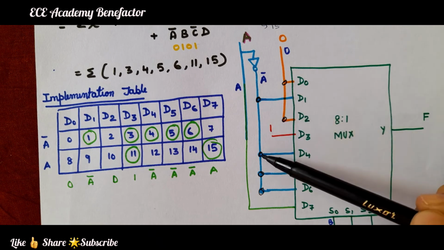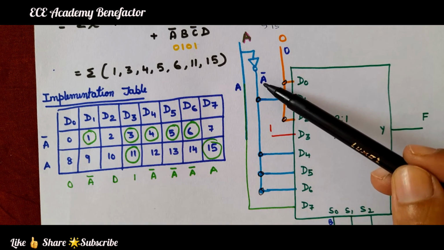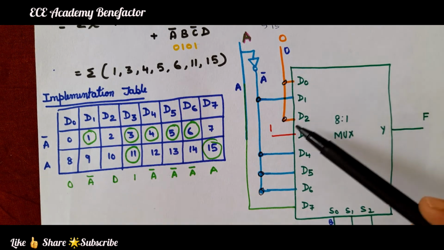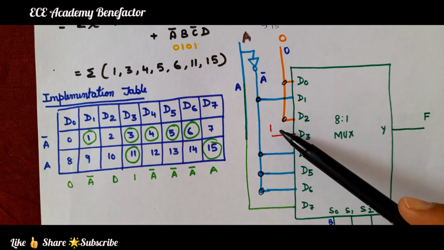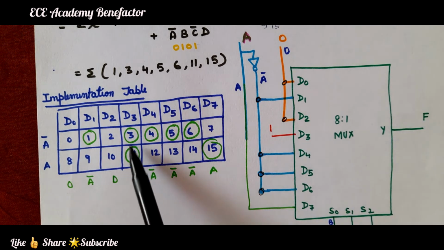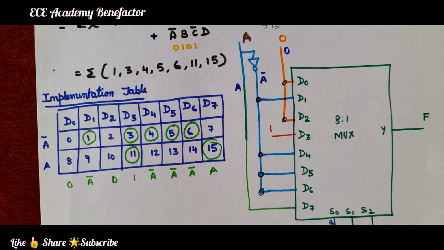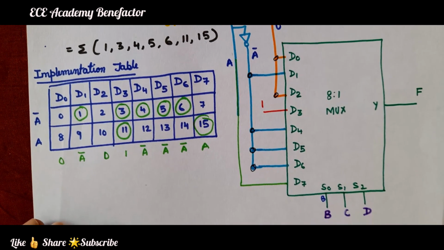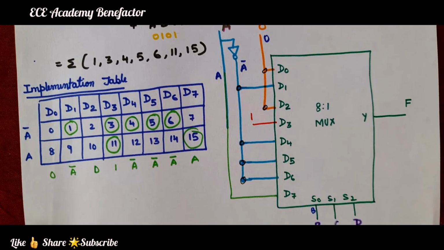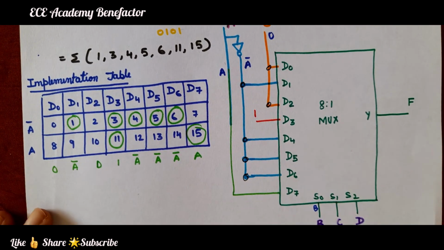So D1, D4, D5, D6 are connected to A bar. D3 is connected to 1. Here D3 is connected to 1 and D7 is connected to A. So in this way we are able to implement the 8:1 mux for the given Boolean function.